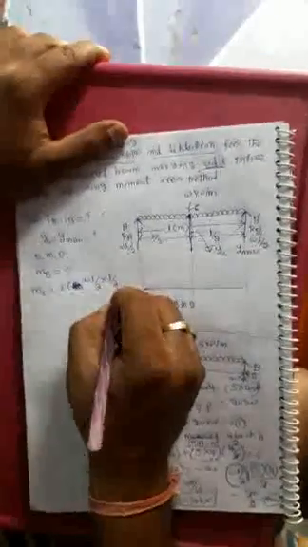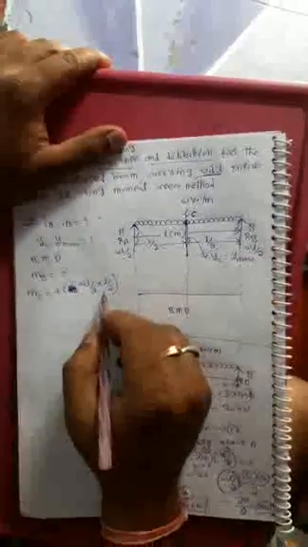The UDL is a downward load, so minus UDL, which is W into L by 2, into L by 2 by 2. So this is the force into distance.